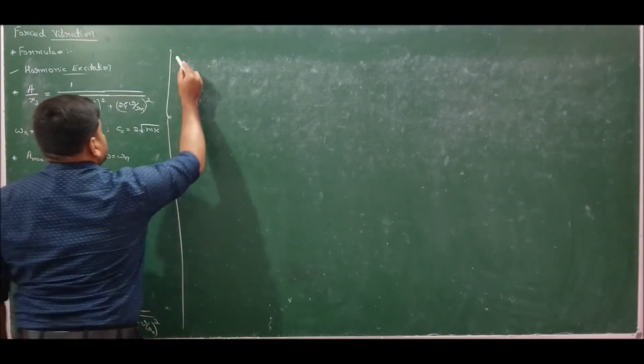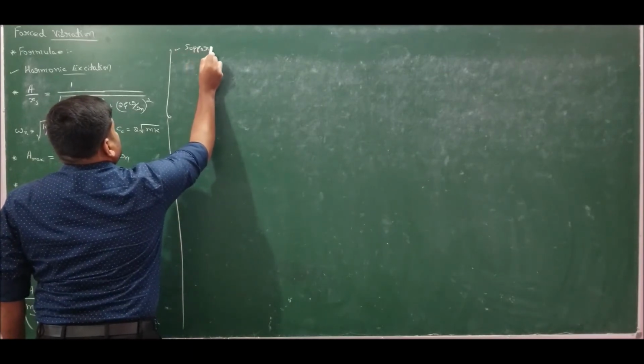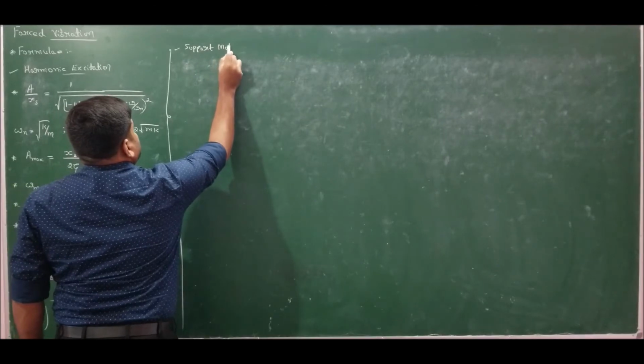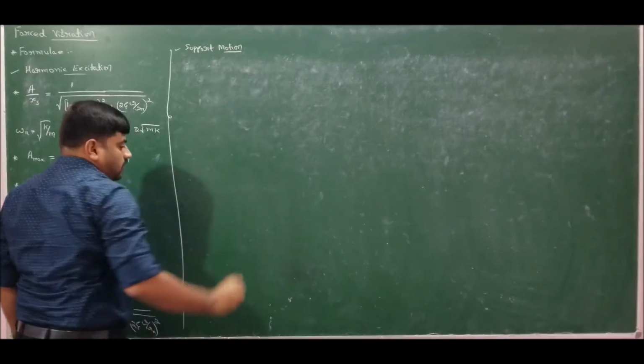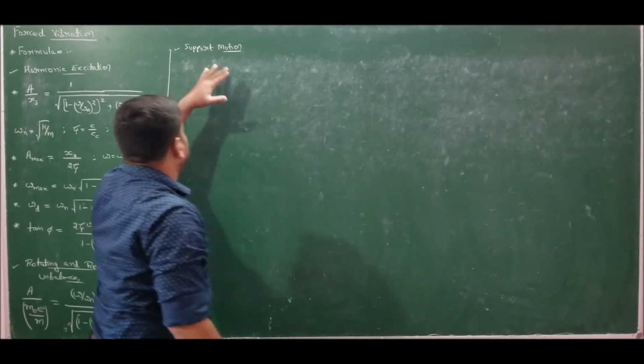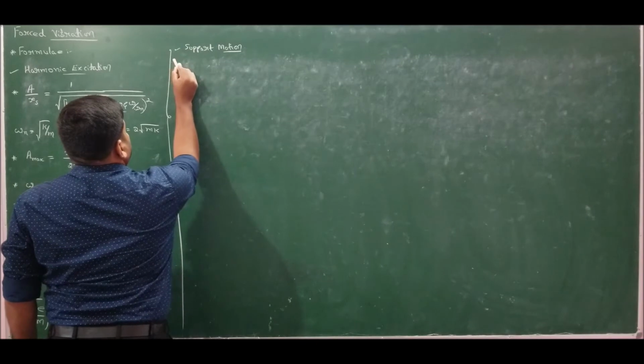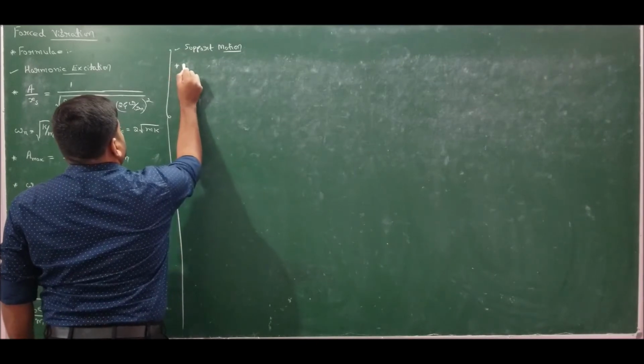what we discussed in lecture 3 is support motions, which are important for the design of seismic devices, that is vibration measuring instruments. Under support motion we again discussed two types. One is absolute motion.